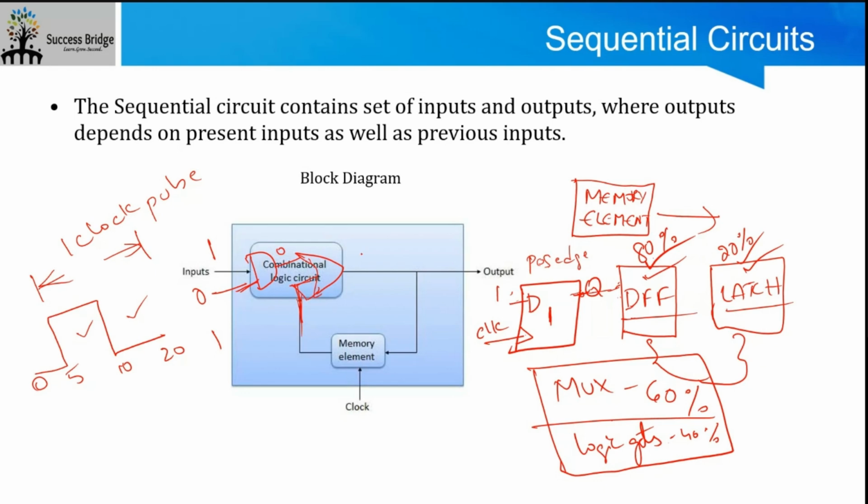So 0, and whatever the previous value stored here is a 1, then 0 and 1 gives 1. So this kind of circuit is called a feedback loop. Your value is coming to this memory element, and the memory element output is going back again to this combinational circuit as input. So this will be a loop.